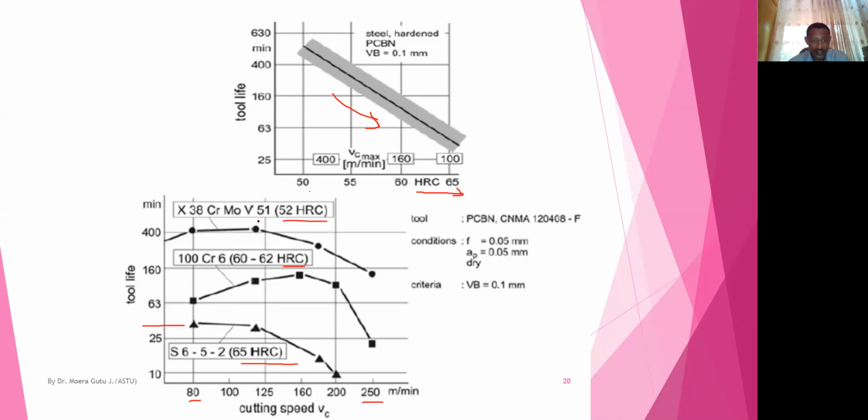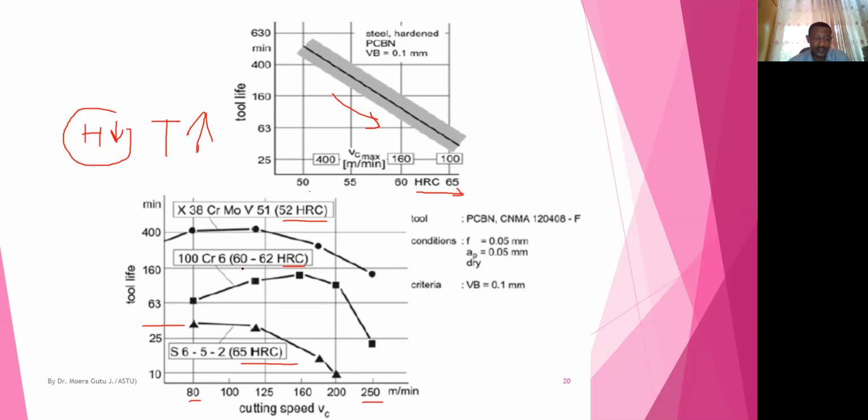So machining less hard materials, from the last equation I've shown you, the tool life is directly related to the hardness of the workpiece material. So the tool life is high when H, the hardness of the work material, is low.